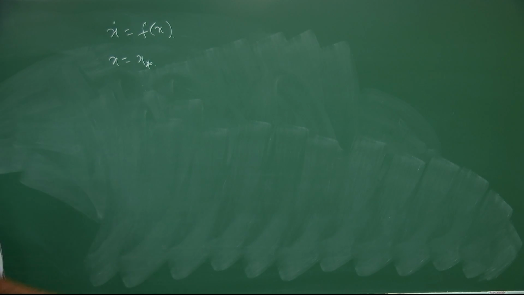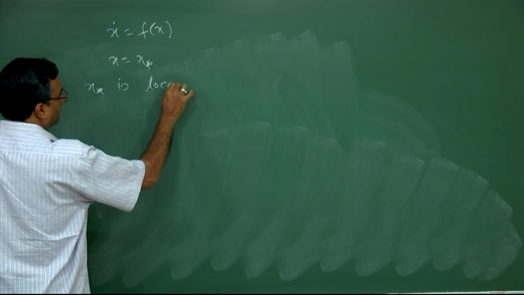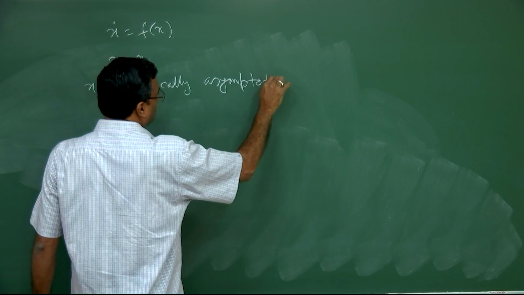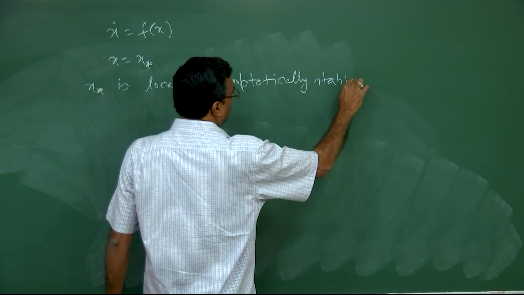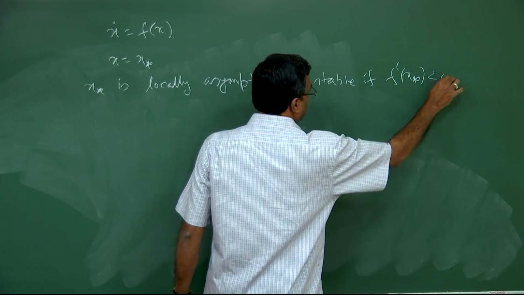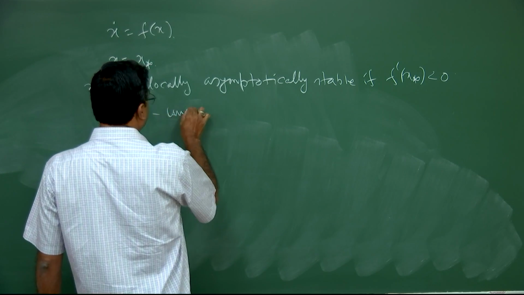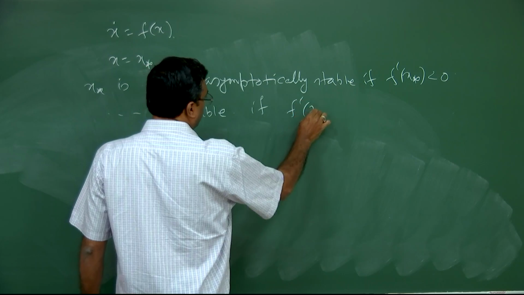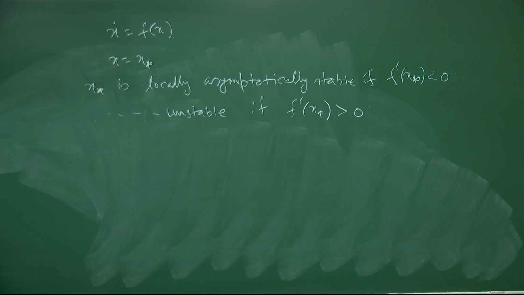So we can say x dot is locally asymptotically stable if f'(x*) is less than 0 and this is unstable if f'(x*) is greater than 0.